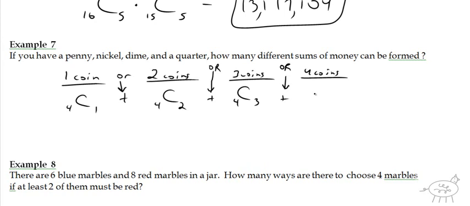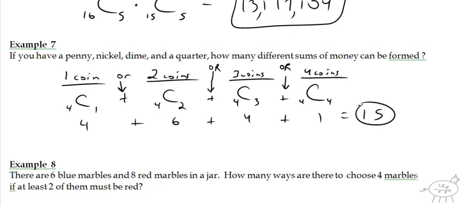Or out of 4 coins I'm choosing all 4. Okay, so these values are 4, 6, 4, and 1. This 4C4 makes sense because if I'm choosing all 4, there's only one way to choose all 4: penny, nickel, dime, quarter, right? So anyway, I add all these guys together, and I get 15. So there are 15 different sums of money that I can form.